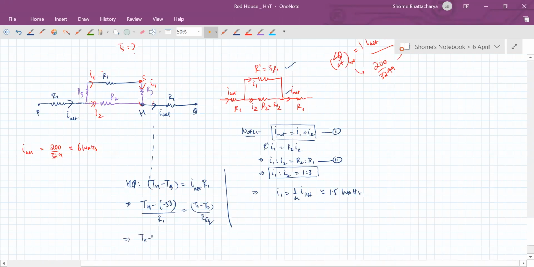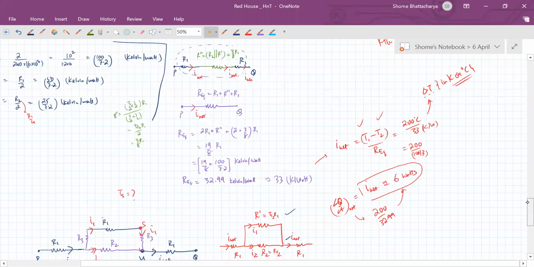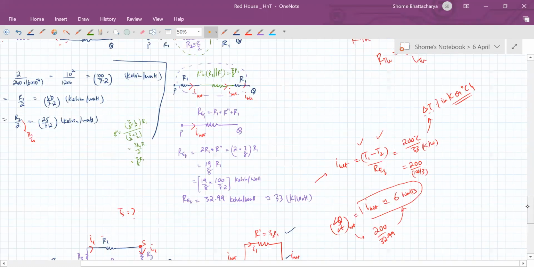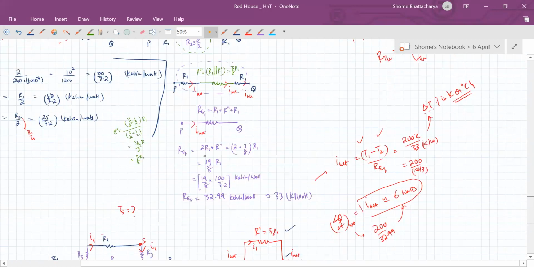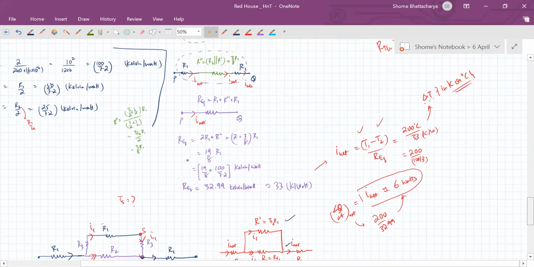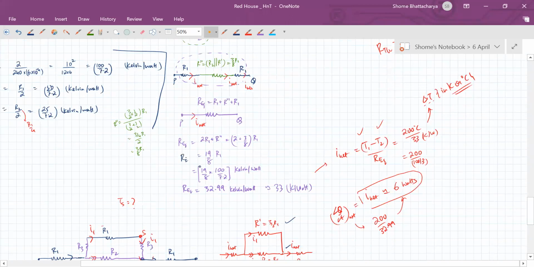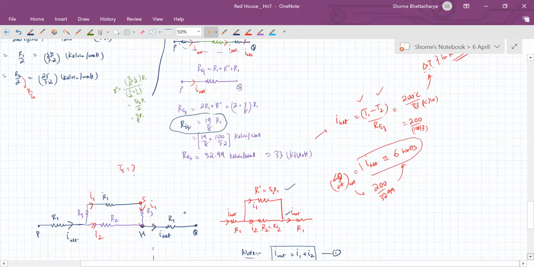So TH plus 50 upon R1 is equal to 200 upon, and how much was R equivalent in terms of R1? If you just do that calculation, R equivalent in terms of R1 was 19 by 8 times R1. That's an even more convenient way of doing the calculation.